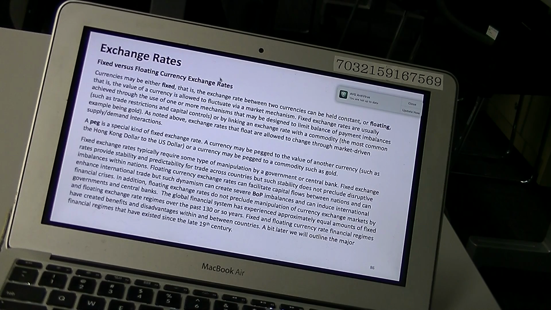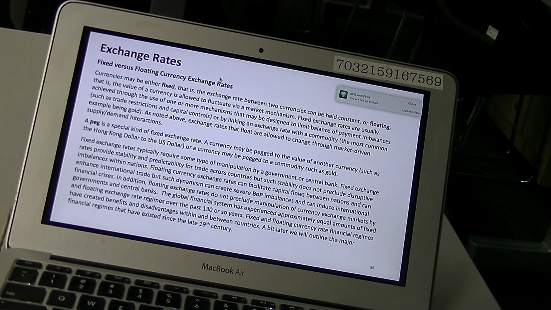So if I'm a business person that wants to sell goods or buy goods, I can make a contract in advance and be confident that the value of the currencies won't change. So that can help trade. That can make trade easier. So that's the stability and predictability.